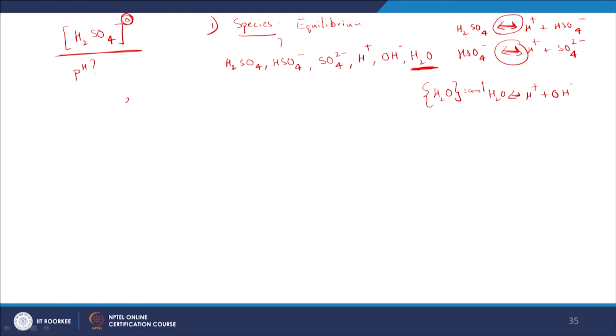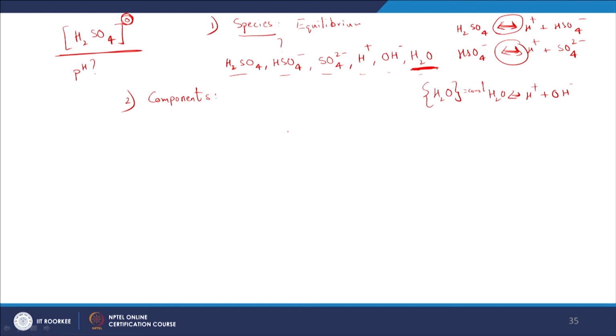So now I need to choose my components, and how do I do that? I want to choose these building blocks, either hypothetical or real, so that I will be able to form, even mathematically, all my species, right.